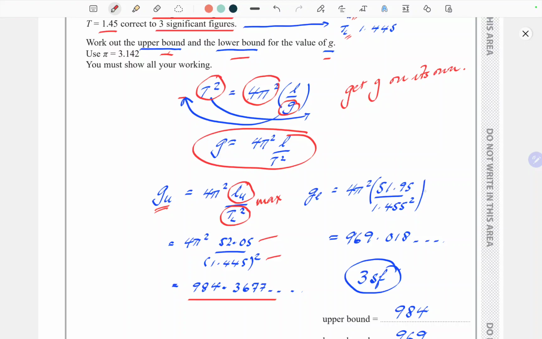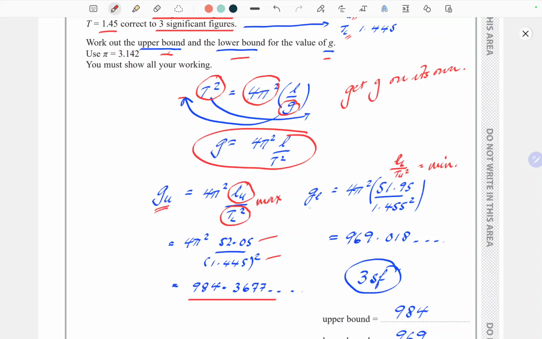On the other side, you want the lower value of L over the upper value of T squared. So effectively, that gives you the minimum. You've got the smallest value possible divided by the biggest possible value, and that gives you a minimum.